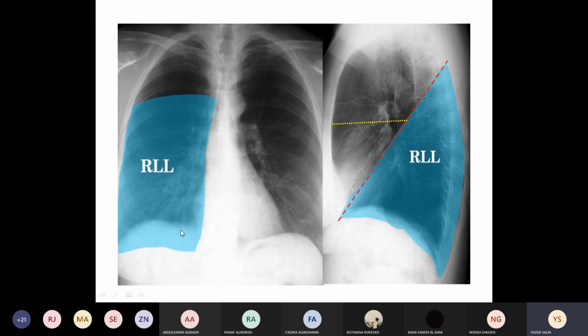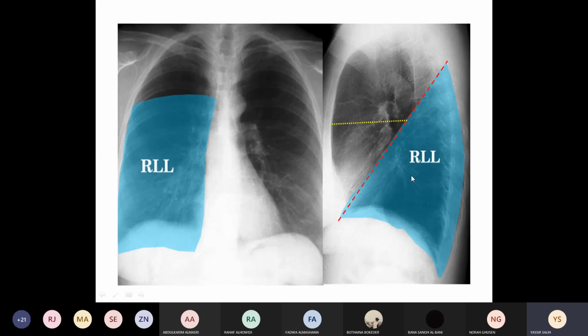So you have to look at the frontal view firstly to know the side, and then look at the lateral film. If they give me the lateral film only, it is difficult to localize the lesion, whether on the right or on the left, because the lesion could be on the right or on the left when seen in this area.